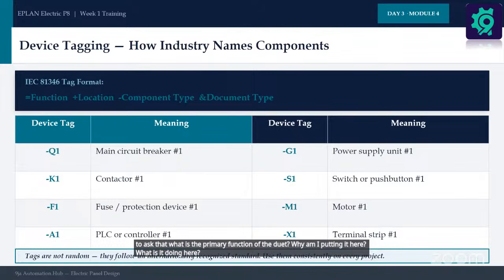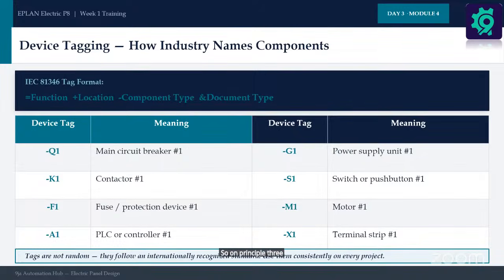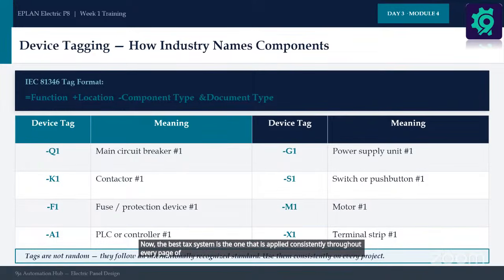And principle three: consistency within a project is more valuable than theoretical perfection. The best tag system is the one that is applied consistently throughout every page of every project.